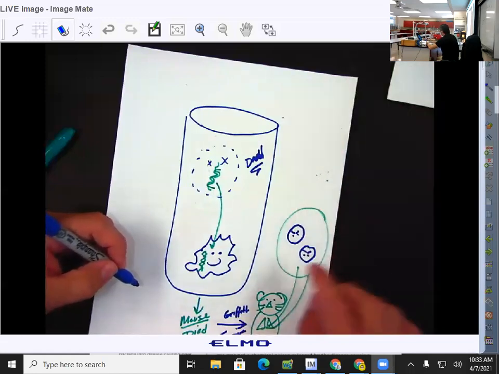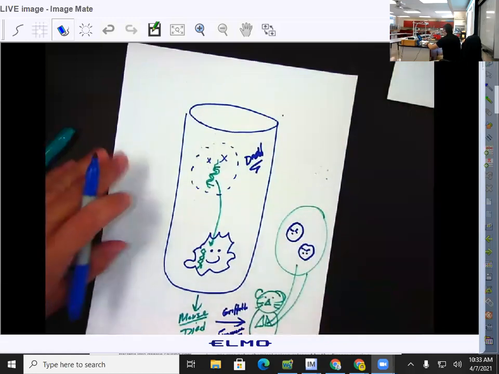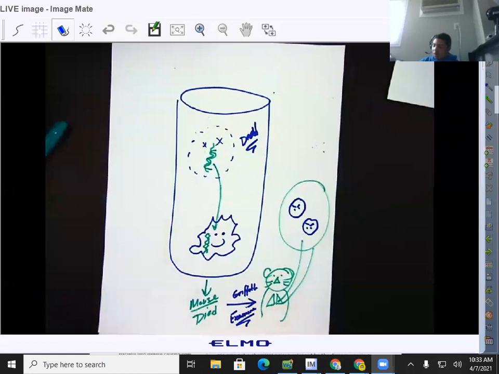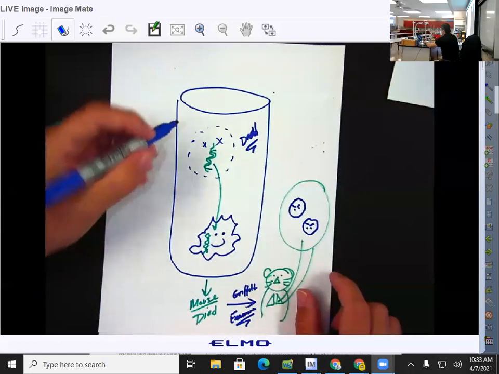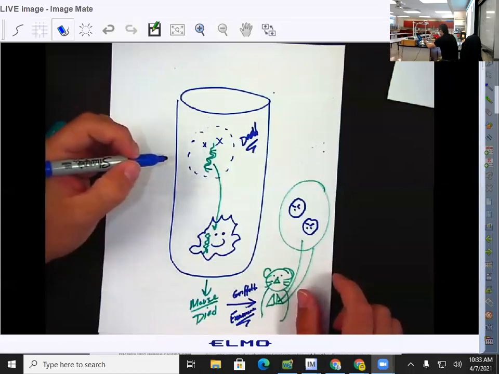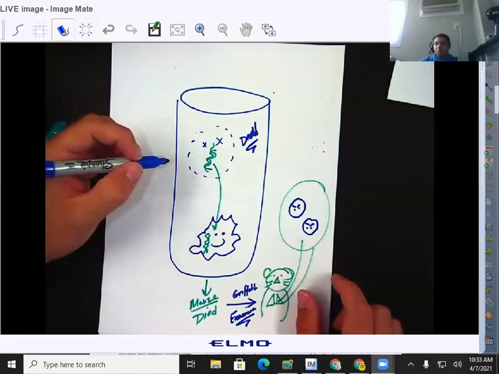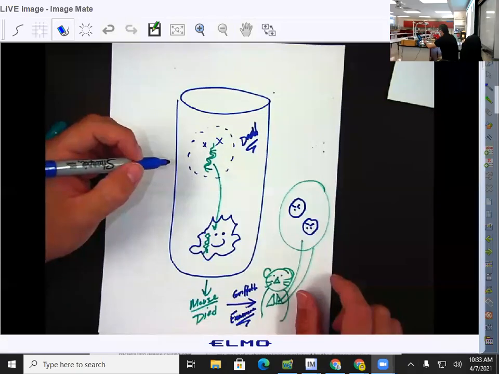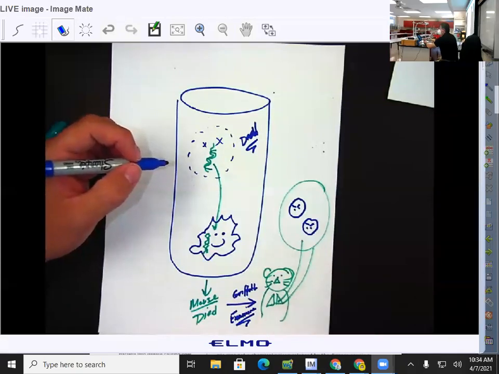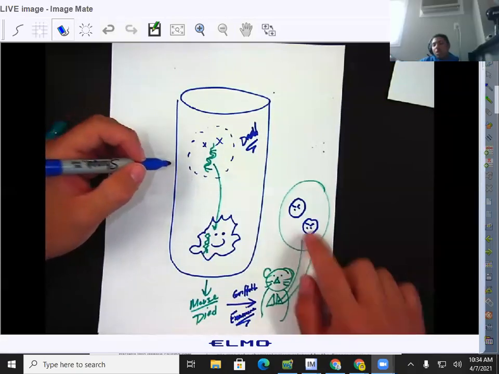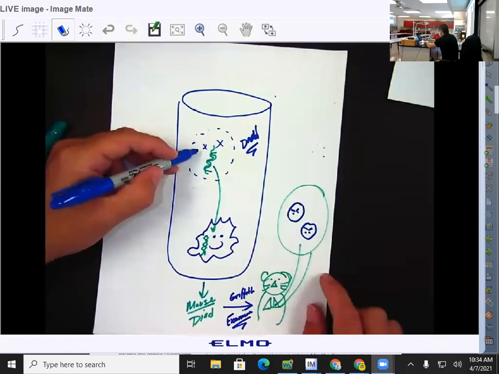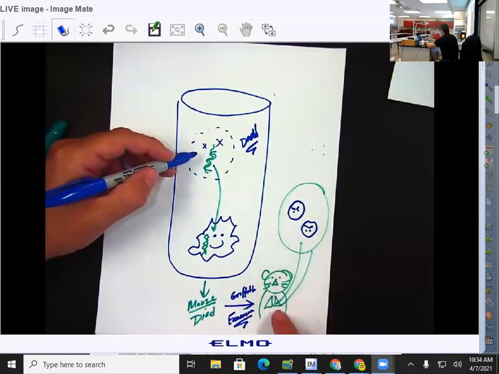Where did they come from? That's super important. They came from the rough strain. Say that again. They came from the rough bacteria. Samuel, what happened? Where did these guys come from? If they were dead in the juice, how the heck were they present in the mouse that was dead?